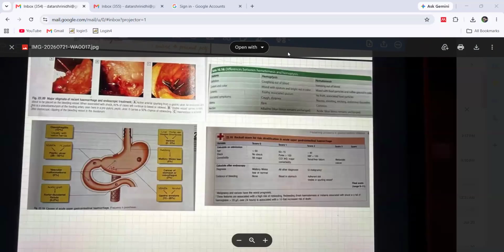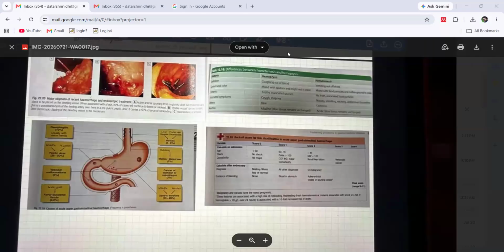And the next photo, the stomach, just broadly gives an idea of the causes of upper GI bleed. And the next one is the Rockall score. I have covered it very briefly, but this photo shows in detail how the prognosis changes if the score is 0, 1, 2, 3, 4, or severe.